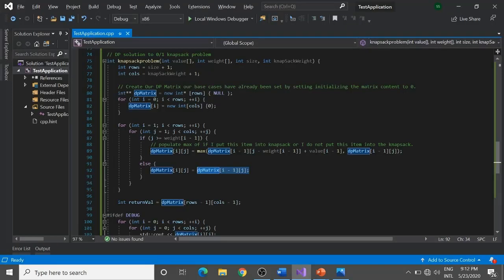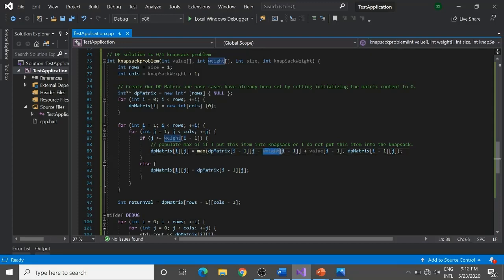So if I choose to recurse by including the element, I would be doing it over here, and if I do not include it, or I exclude it, then I would be doing it over here. Look, these both conditions are the same because I am excluding it. And what does this mean? This means recurse for the remaining elements with the remaining weight. Look, j minus weight of i minus 1.